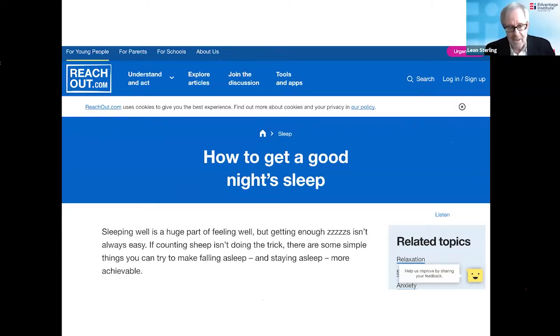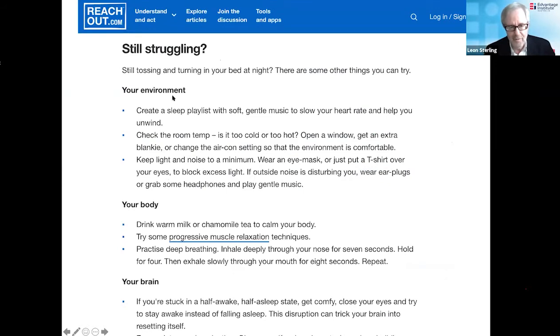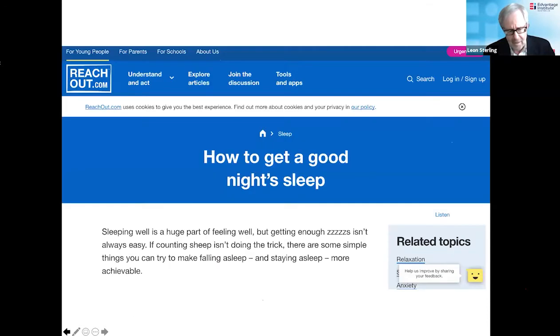So a lot of places will give advice. Here's a typical one from a good organization, reachout.com, how to get a good night's sleep. That's all fine, sensible advice. But let me raise a question. If you're not sleeping, when are you going to worry about not being able to sleep?